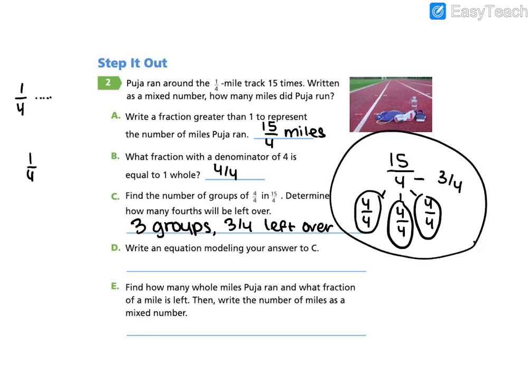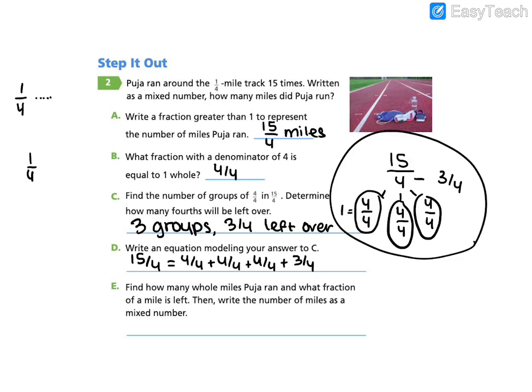If we were to take this and write an equation, it would look like this. 15/4 is equal to 4/4 plus 4/4 plus 4/4 plus 3/4. What we're doing here is decomposing 15/4 into groups that are equal to 1 whole. So we know that there are 3 groups of 4/4.